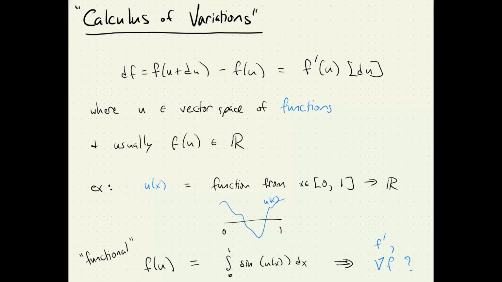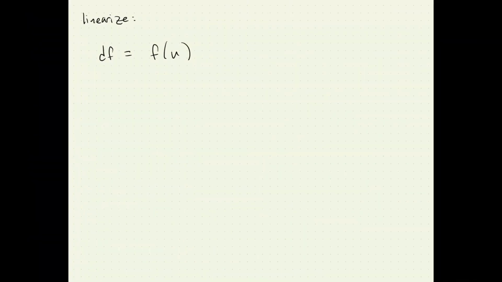It's something that takes in a function and gives you a number. And here I need f of u plus du minus f of u. And the key thing to remember is that this is a function, u of x.